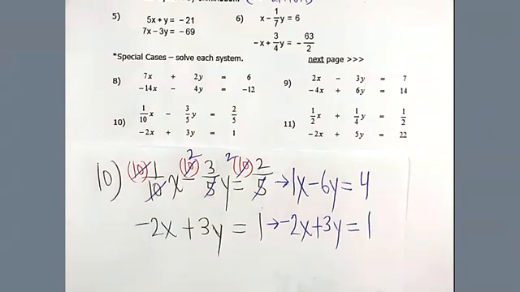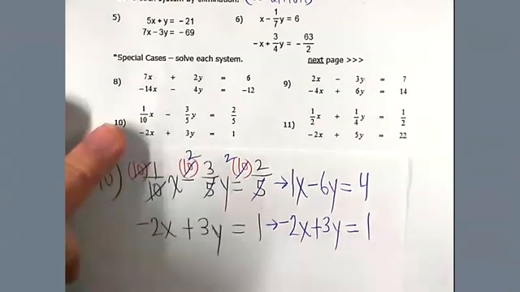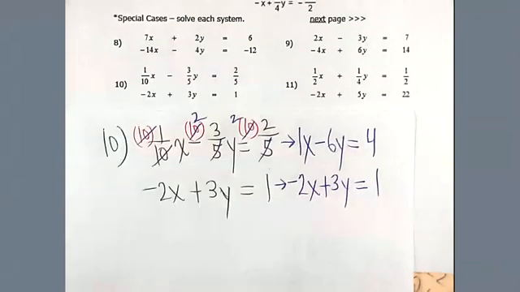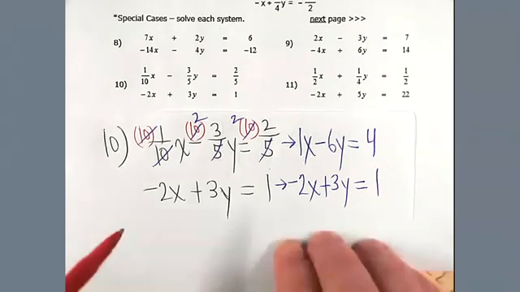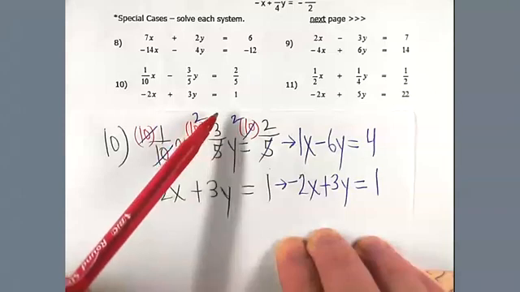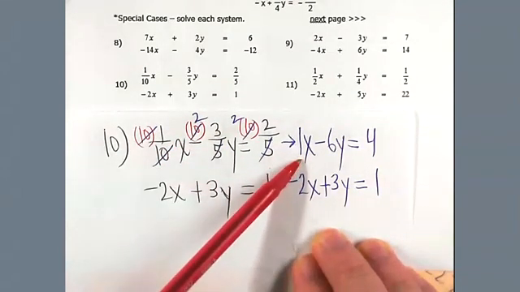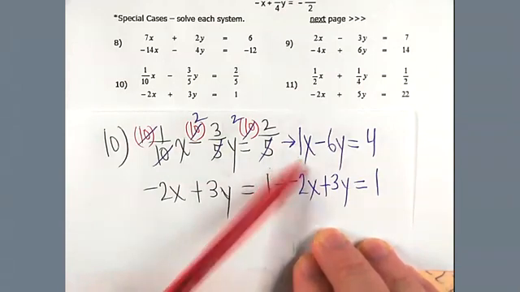Now, probably elimination would be the best method to use. And because both pairs of letters have different signs, it doesn't really matter which letter you choose to eliminate. Let's eliminate the x's. To eliminate the x terms, I need this one to be a positive 2.